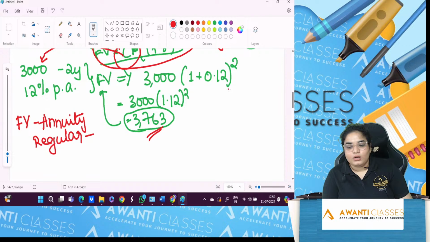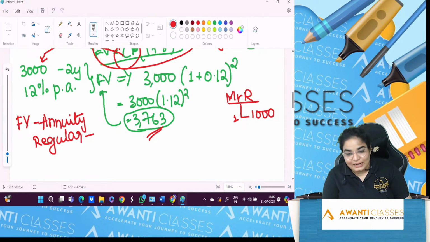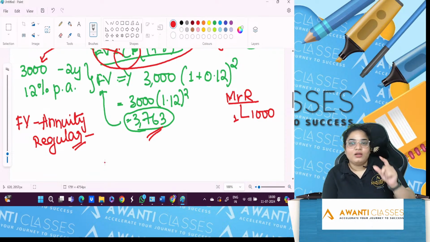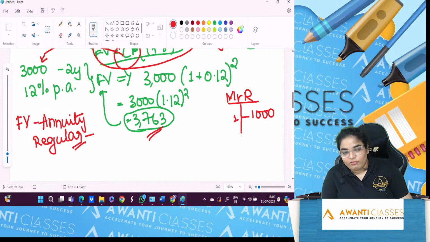Okay, now say Mr. R. Mr. R pays 1000 rupees every month into his savings account. So first month ending, by annuity regular, annuity proper, not the first of the month, starting of the month. So Mr. R, first month ending he paid 1000.